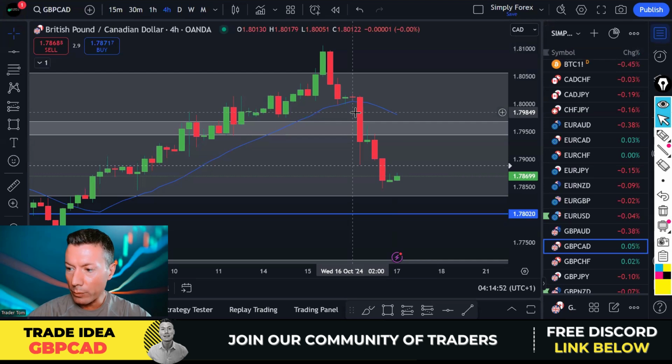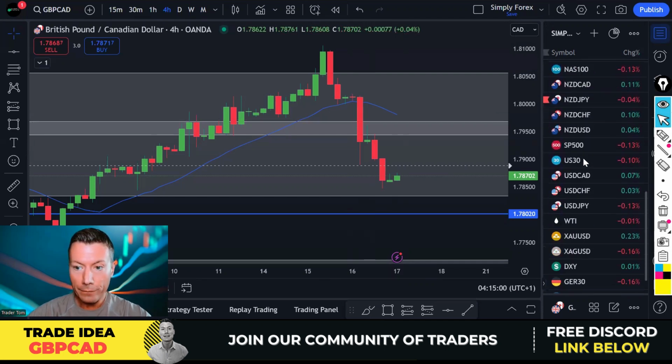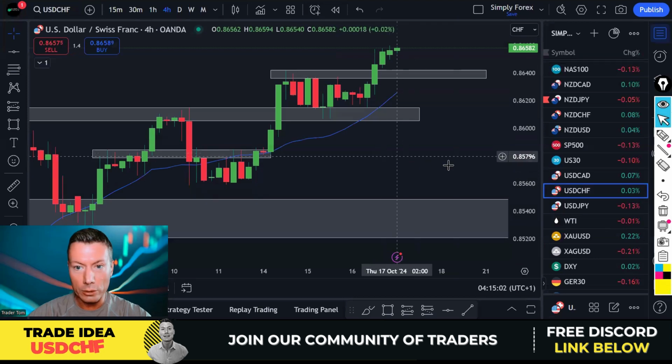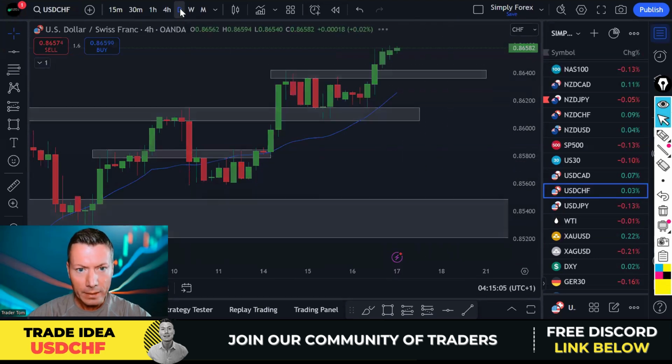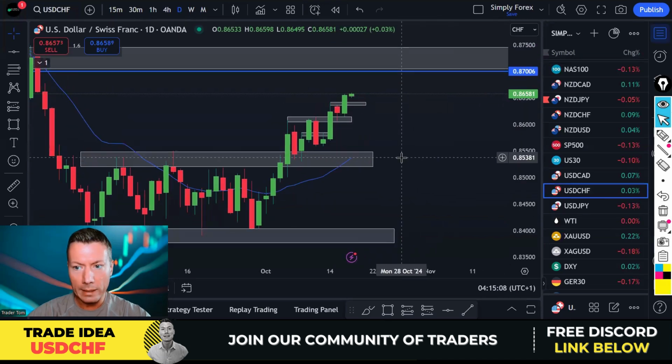What else are we looking at? Do we have any more Canadian dollar trades? No, we don't. We do have some Swiss franc weakness, and the first one is US dollar Swiss franc. If we look at the day chart, you can clearly see we are in this bullish uptrend with a bullish candle.